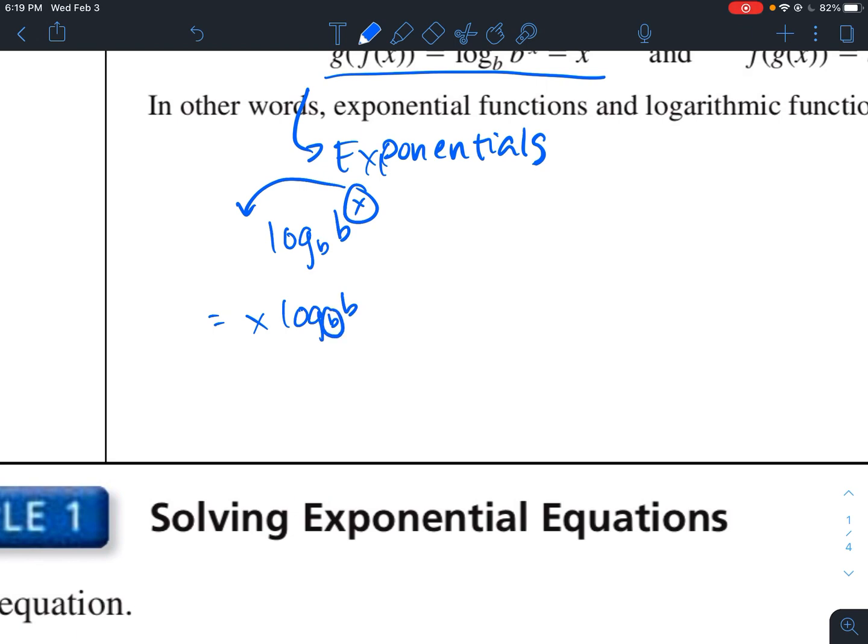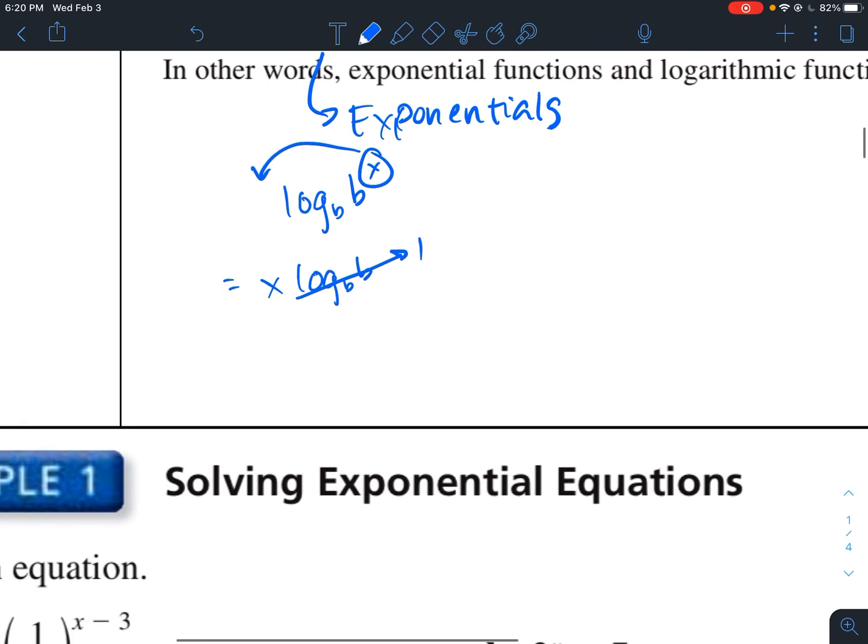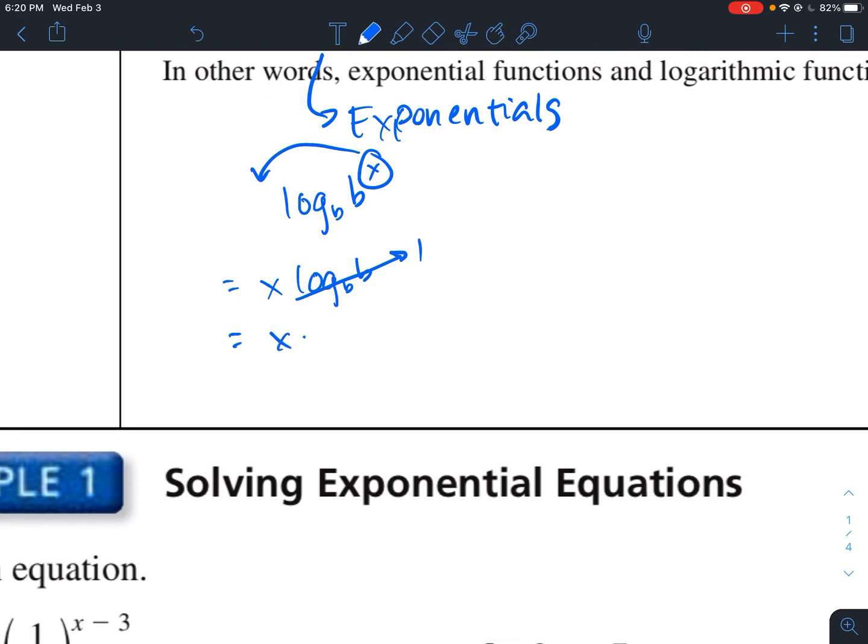If the base and the argument are the same value, then this logarithm is equal to 1. So this becomes x times 1, which is just x. This is how we can use this inverse property when solving exponentials.